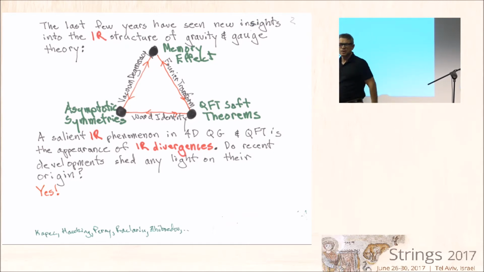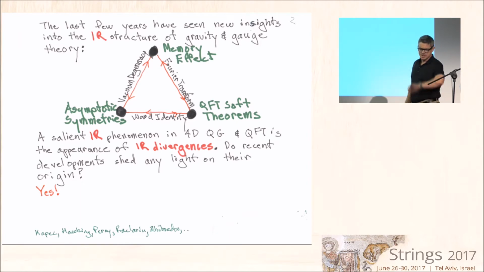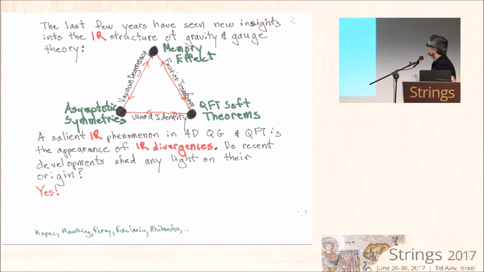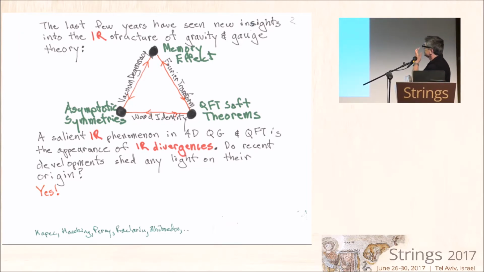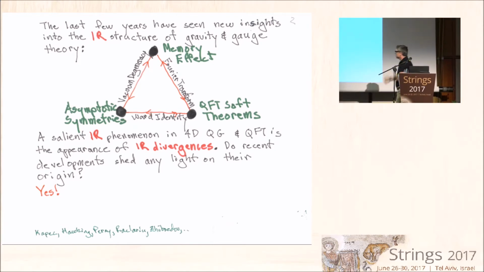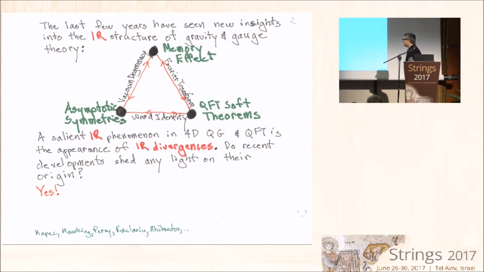So a natural question to ask is, what do all these symmetries, this new insight into soft theorems and symmetries, have to say about infrared divergences? And the answer is quite a lot, and that's what I'll talk about now.